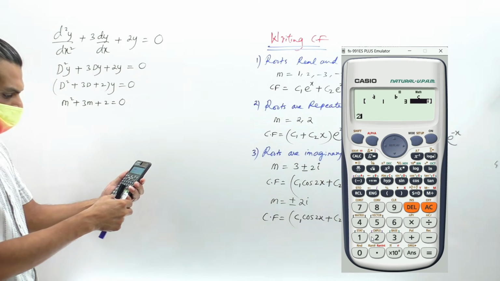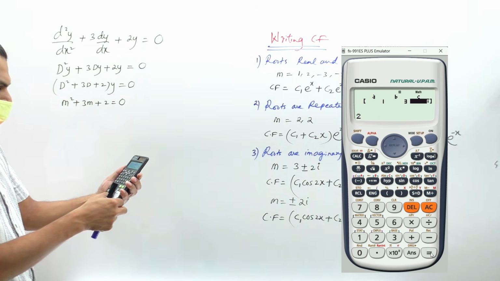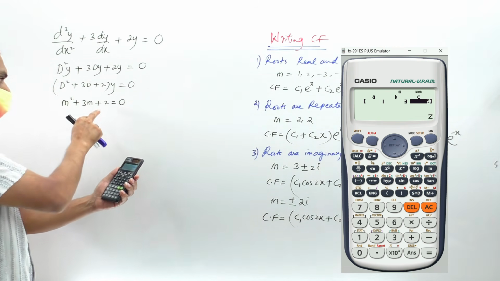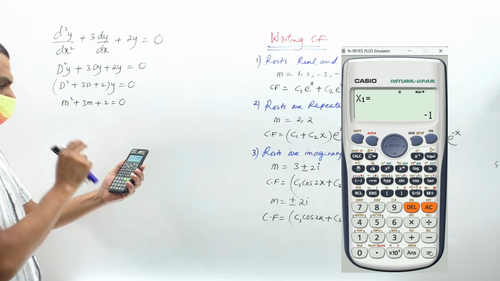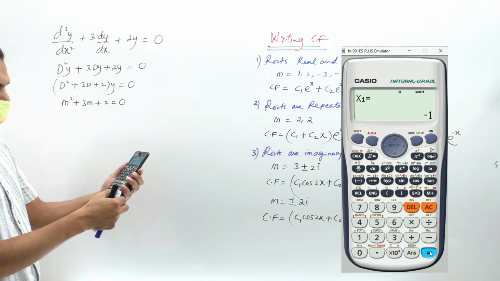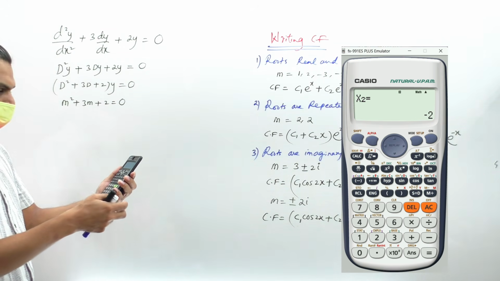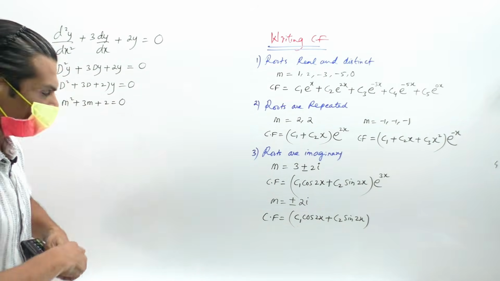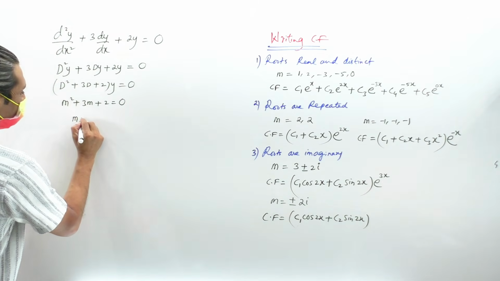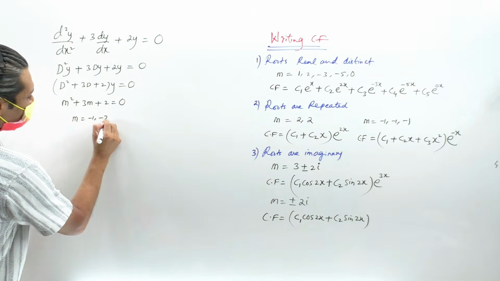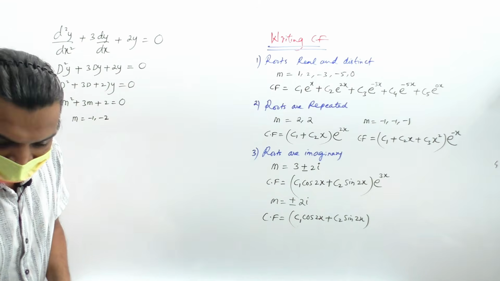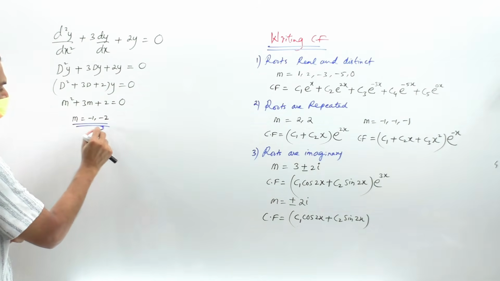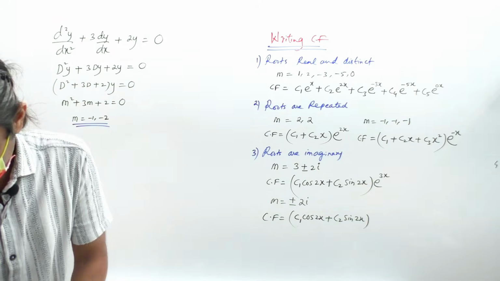So a is 1, equals, b is 3, equals. Go according to the order. If something is missing, put 0. Then 2, equals. Now press equals, we get the answers -1 and -2. So the roots are m is equal to -1, -2. These are the roots which we find. This is how to find the roots.